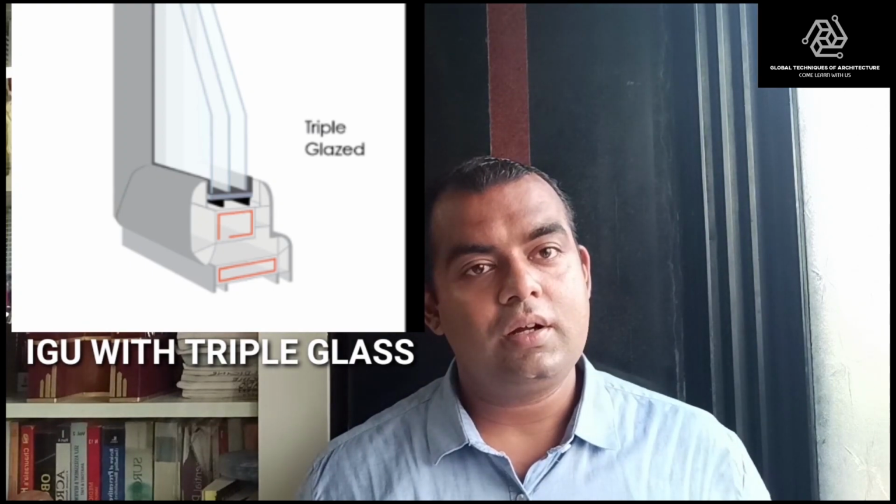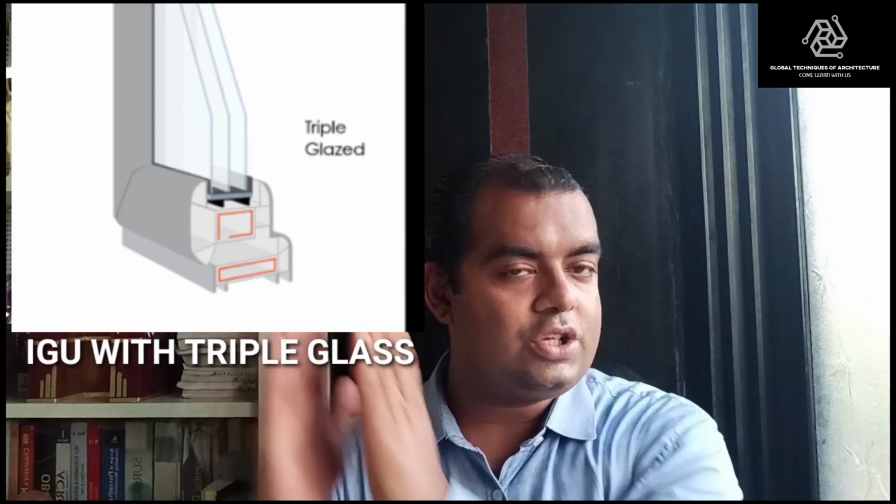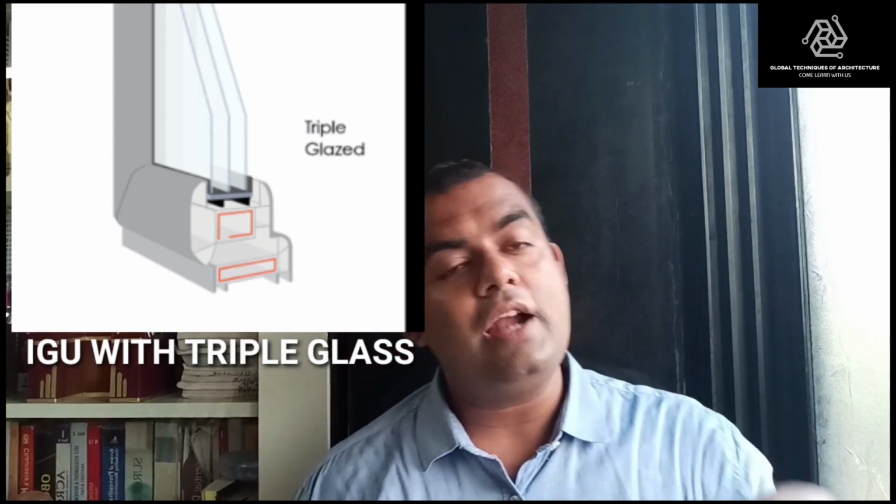Two glasses sandwiched together with the help of an interlayer would be called a laminated glass. If you go one step further, we have triple laminated IGU, wherein there would be 3 layers and 2 air gaps. We also have triple laminated glass available.